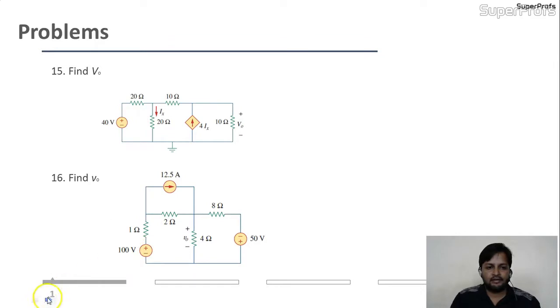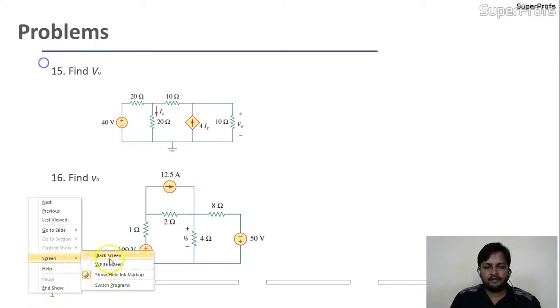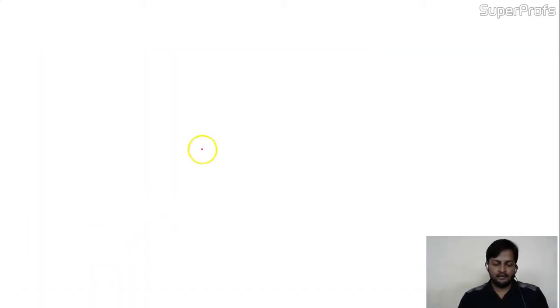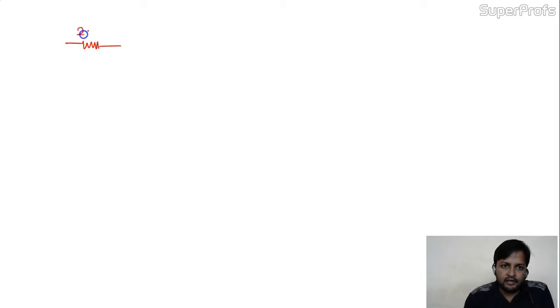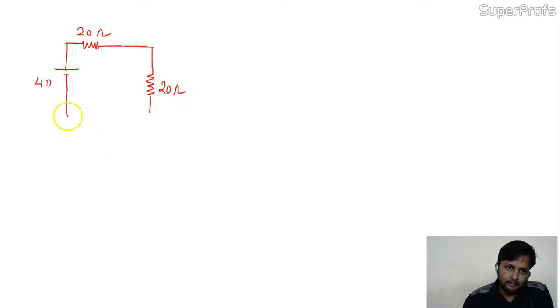So I'm taking this problem on a fresh page. Okay, fine. The problem given is, this is nothing but 20 ohm connected with a 40 volt battery. Fine. Next, this is given 20 ohm.